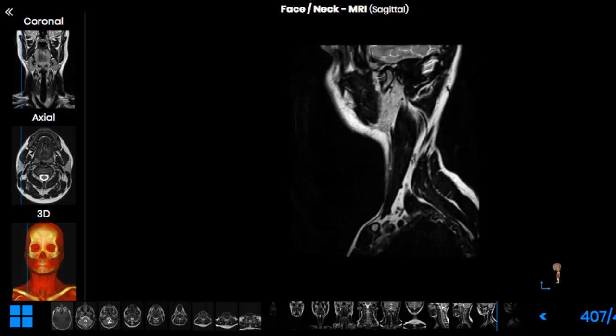Just above the head of the mandible, you can see the articular tubercle and mandibular fossa, and this dark space between the head of the mandible and the temporal bone above is filled by the articular disc.